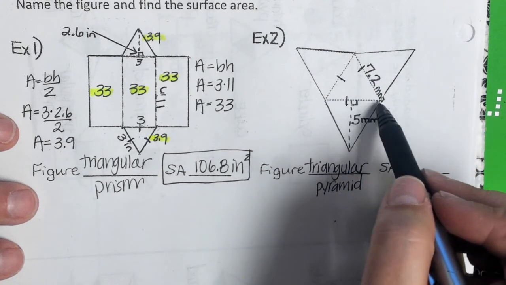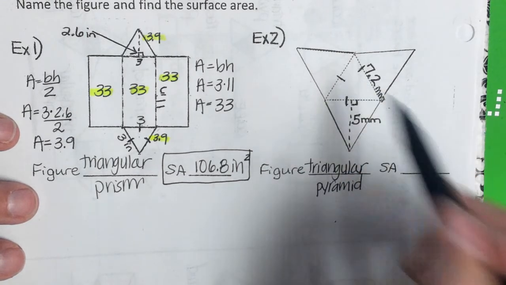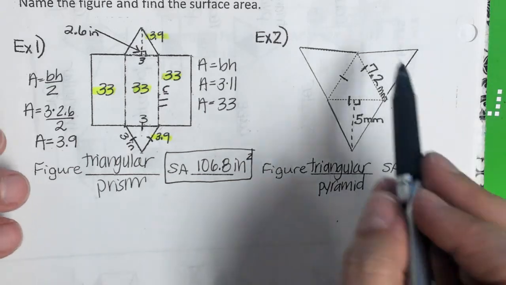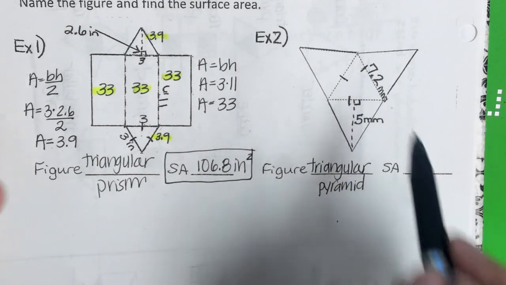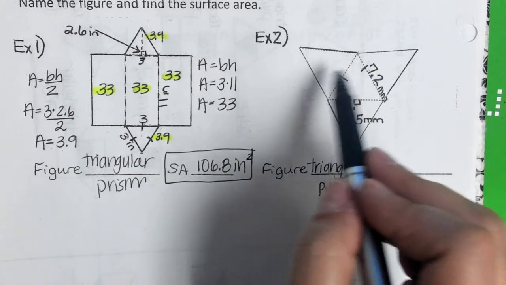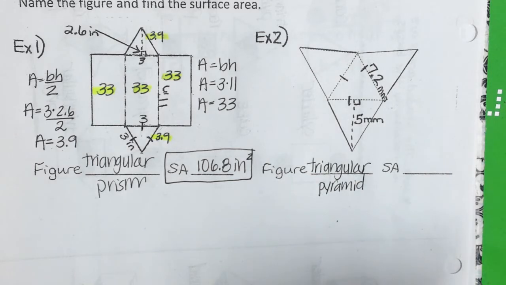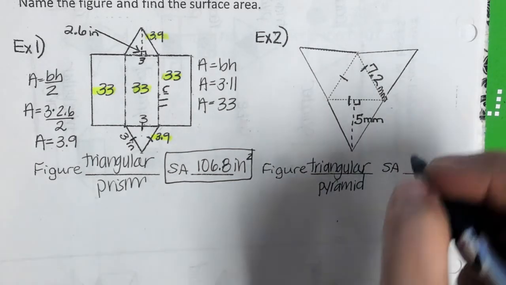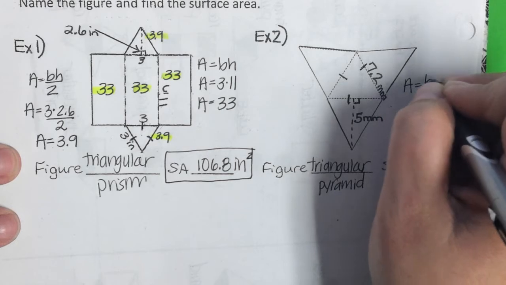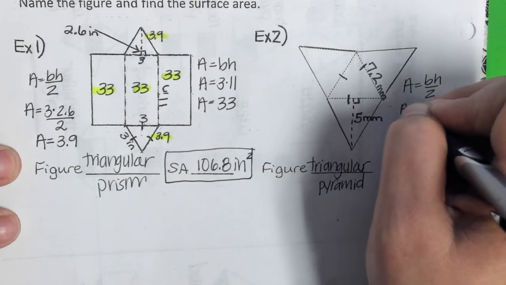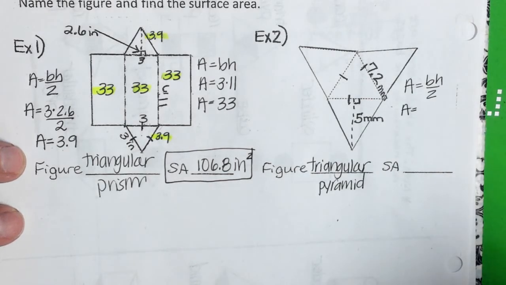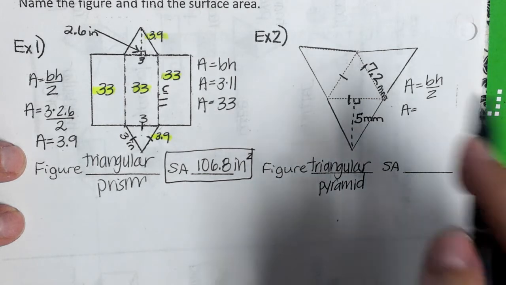So when I have an equilateral triangle as my base, what happens to the other 3? They all have to be the same. So all we've got to do is find the area of 1 and then multiply by how many? 4, because you've got 4 faces.